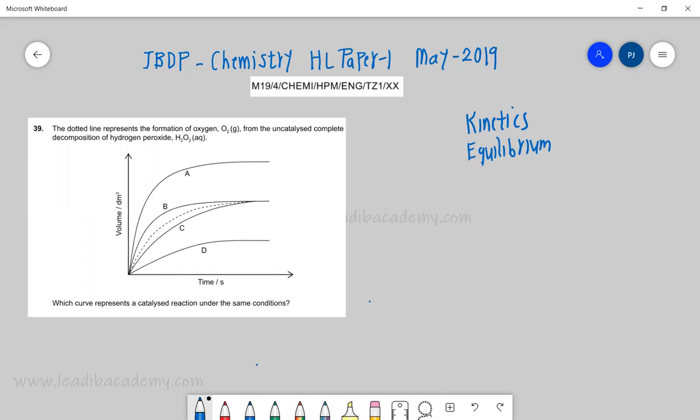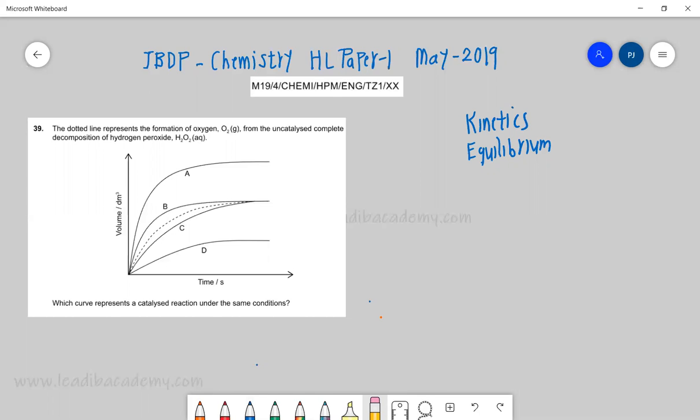So let's understand. Let me show with a different color. This is uncatalyzed, the dotted one. Okay, let it be the dotted one.